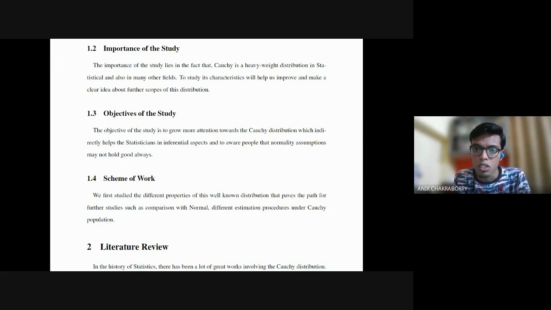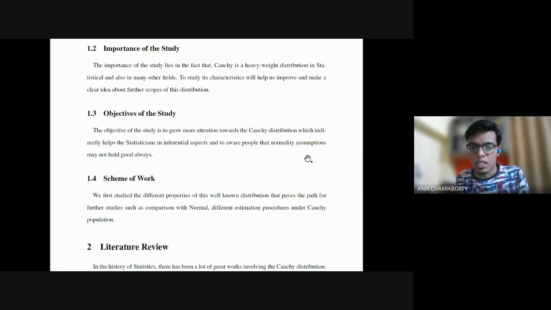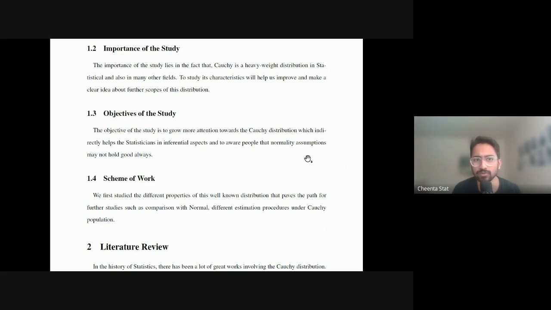Cauchy distribution is more popular as an outlier distribution, and it has some interesting properties that researchers can work on in future. I think heavyweight mathematically means the tail probabilities are heavy, like heavy tails. Maybe, I don't know.